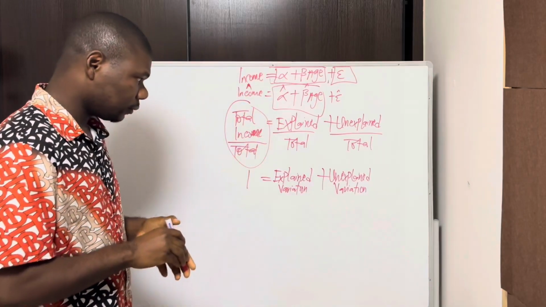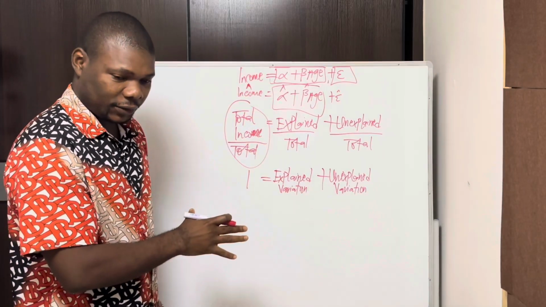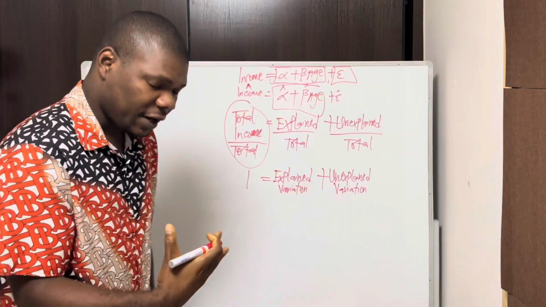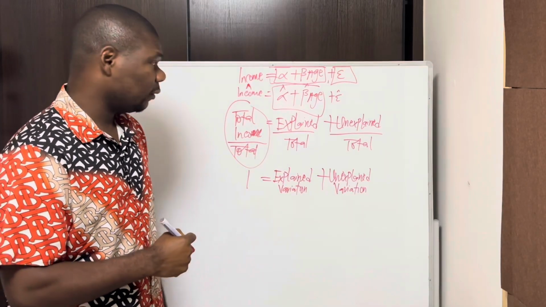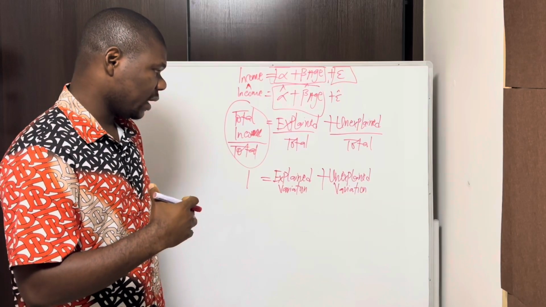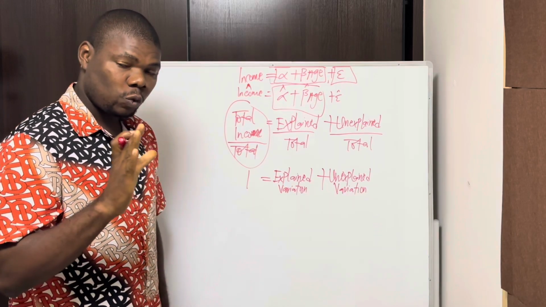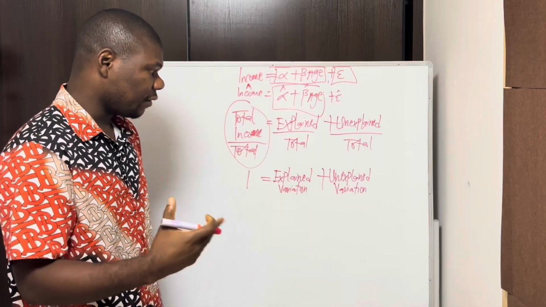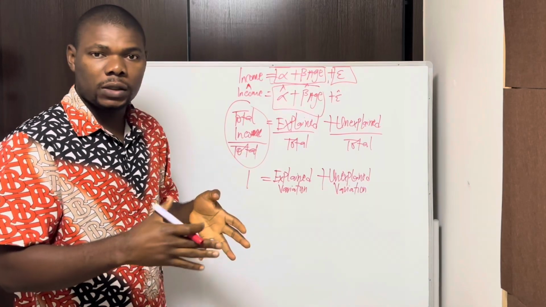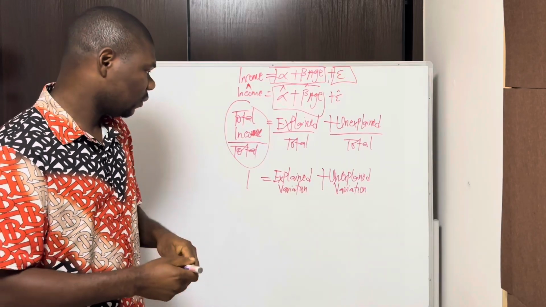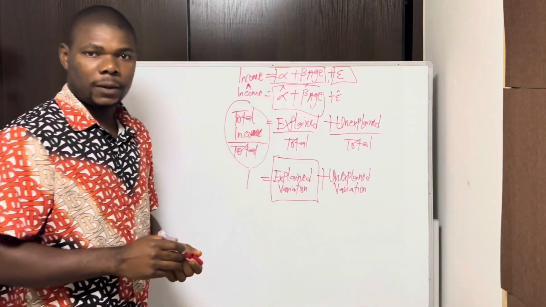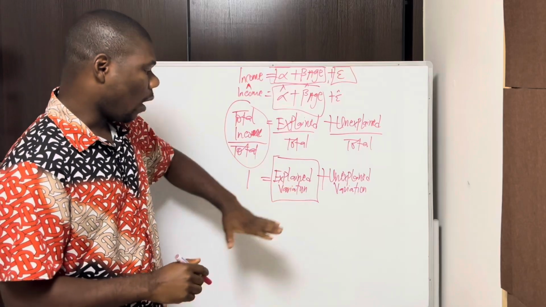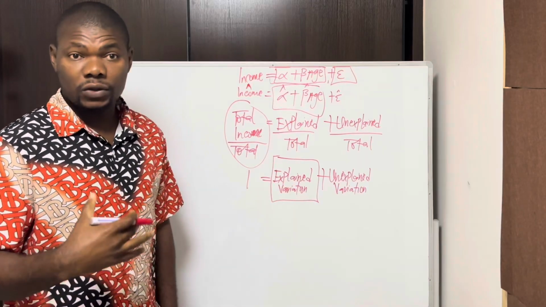So where are we heading to? We want to verify the veracity of what we have. One way you can verify whether your model performed very well or not is by just focusing on the part your model is able to explain.